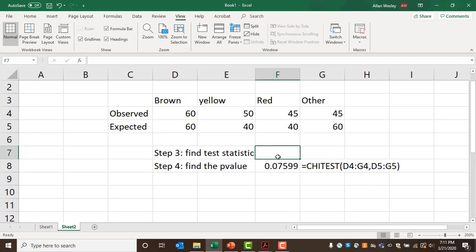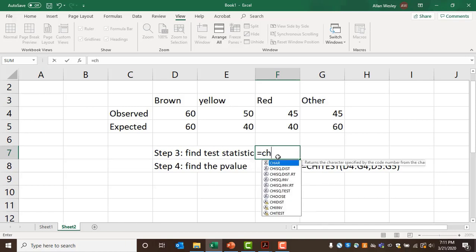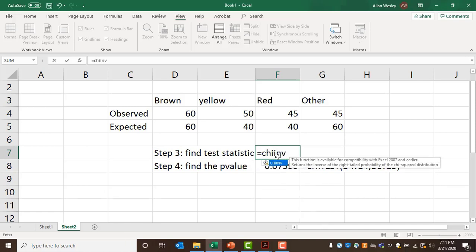Let's go back and find the test statistic, because we want to fill in that blank for step 3. We have a formula for that, and chi-inv is very nice for calculating it. Chi-inv asks for a probability, which is essentially our p-value, and then it asks for our degrees of freedom, which we found to be 3 from the previous step.